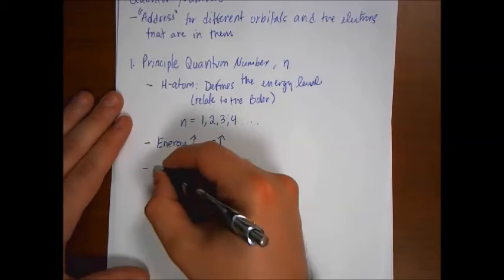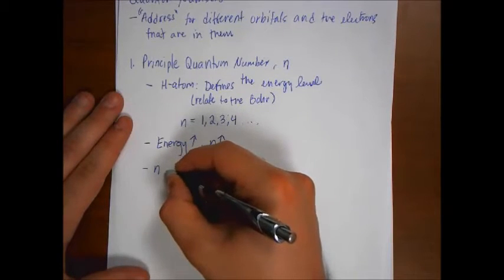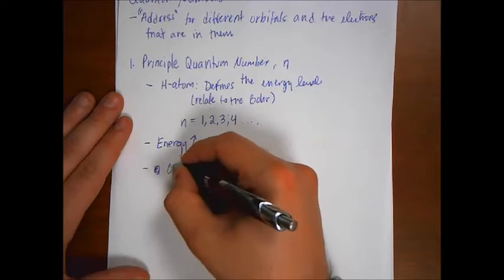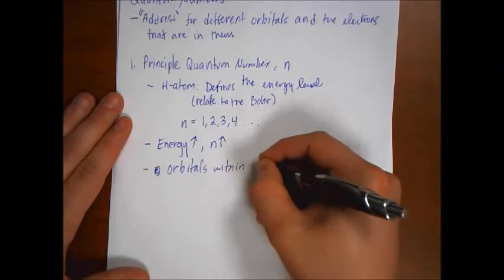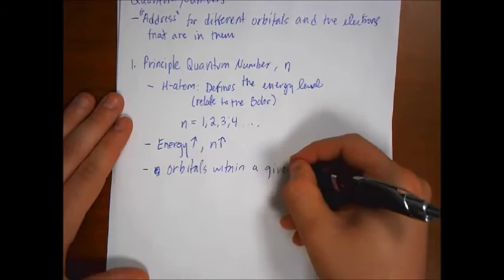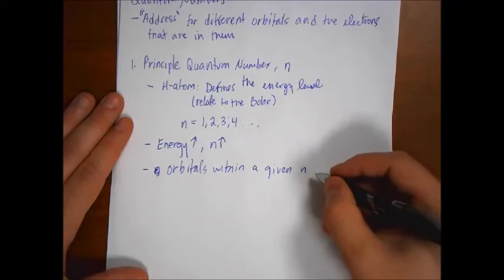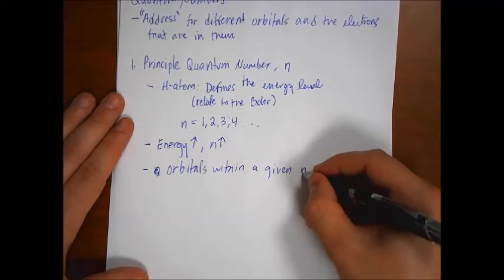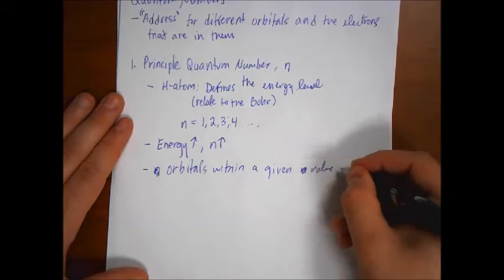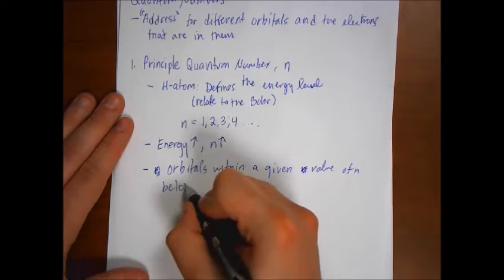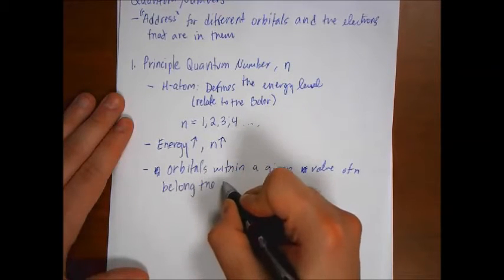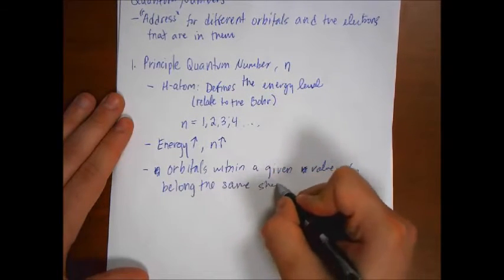Now, the thing that's important to understand is that orbitals within a given value of n belong to what we call the same shell.